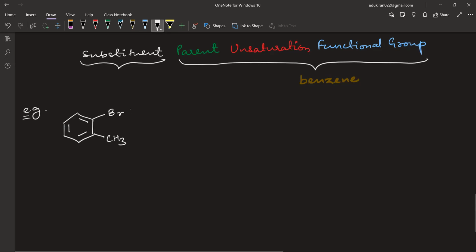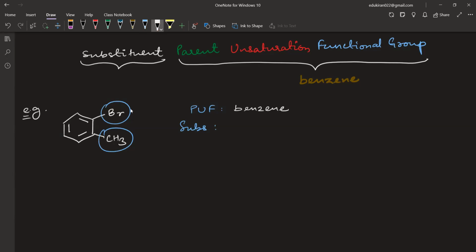So the PUF will be what? Benzene. Now, what are the substituents that we can see? Br and CH3. Is that right? Yes, sir. That means we have bromo, and for CH3, we have methyl.